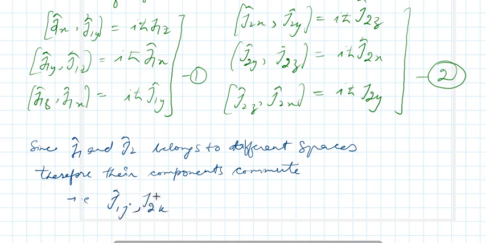This is for the first particle and this is for the second particle, and they will commute, where both j and k may have values x, y and z, right? Let me call it equation number 3.